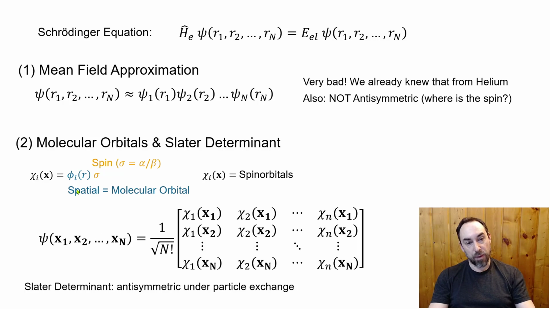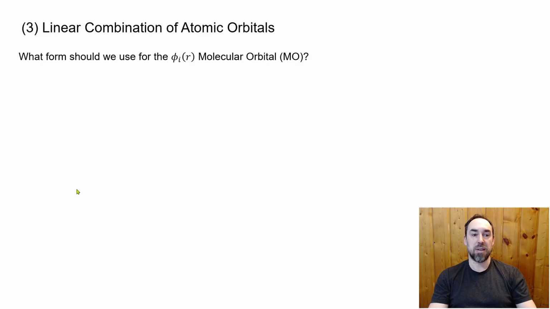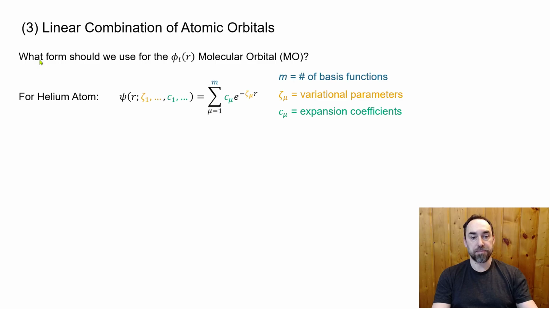We can then focus on these spatial orbitals. So now we focus on how we can form these spatial orbitals. What form should these phi_i of r, these molecular orbitals, take for describing a molecule? And so again, let's try to compare what we did with the helium atom.